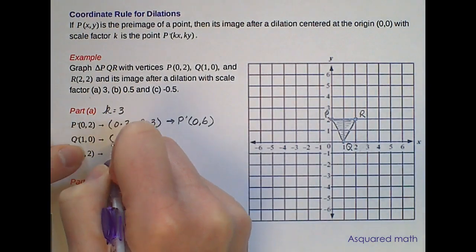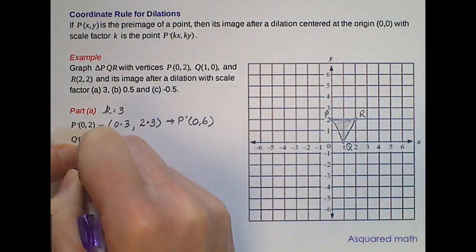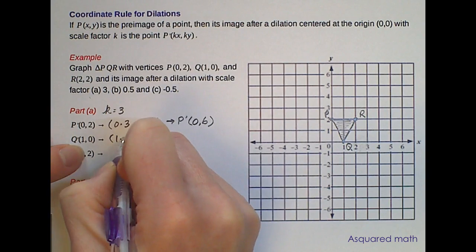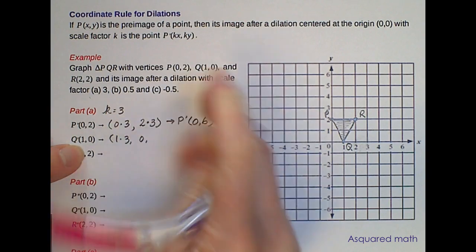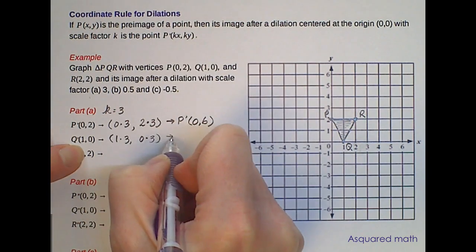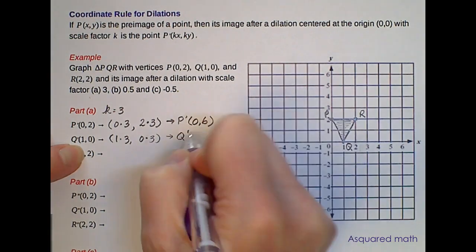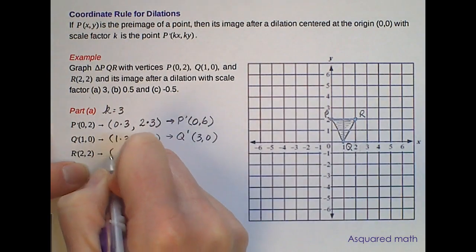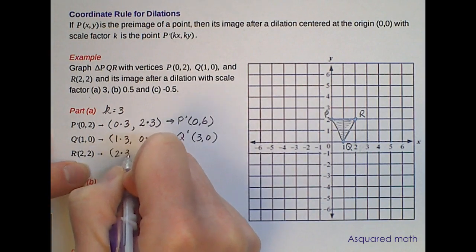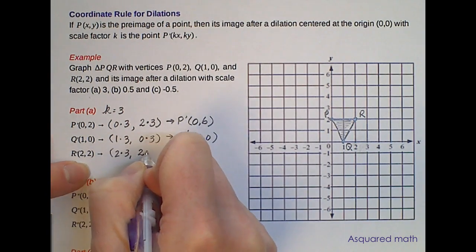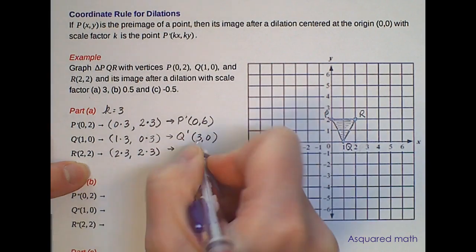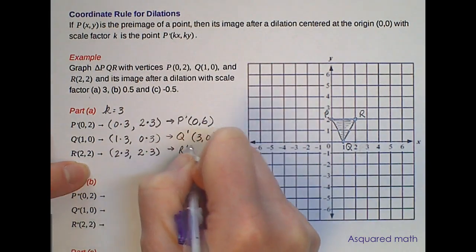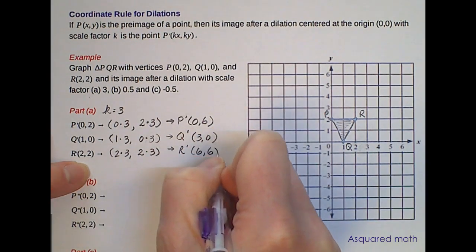We're going to do the same thing with our Q X and Y values. So 1 times 3 and 0 times 3 will give us our Q prime of (3, 0). And then for R prime, we multiply 2 times 3 and again 2 times 3. We get the point R prime, which is at (6, 6).